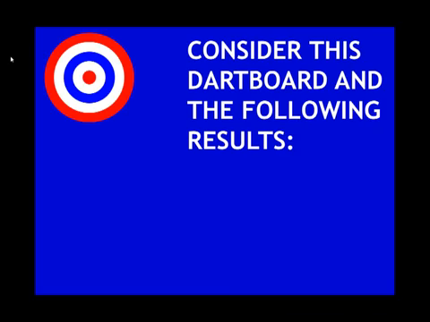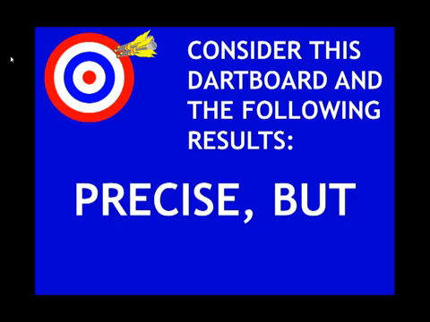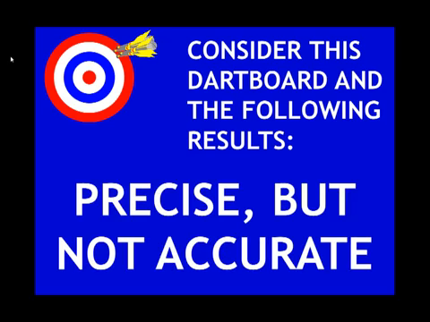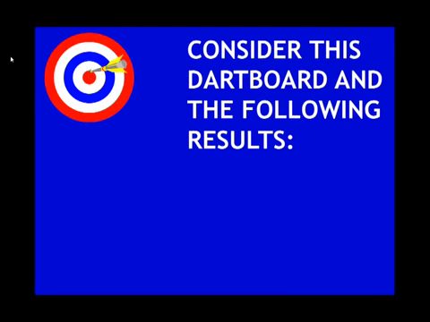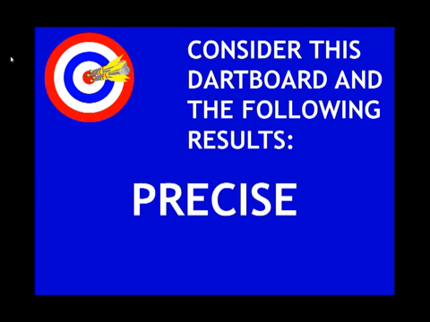Now we consider that these darts, while they are not accurate because they're not hitting the bullseye, they are close to each other. These measurements agree with each other. So they are precise because they are close to each other, but again, they are not accurate because they did not hit the bullseye. And finally, in this scenario, the darts are close together and they are on target. They are on the bullseye, so they are both precise and accurate.